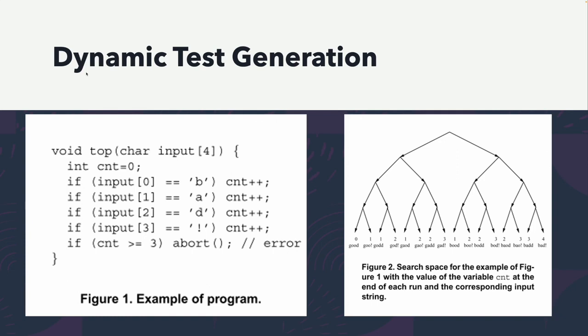The first if statement checks if the first character in the input string is B. If it does, the count variable cnt will increment by 1, and so on and so forth. The second if statement just checks whether the second character is equal to A. If it does, the cnt variable will also increment by 1.